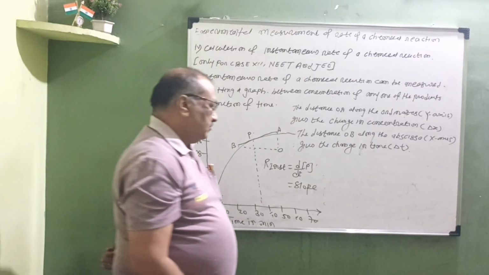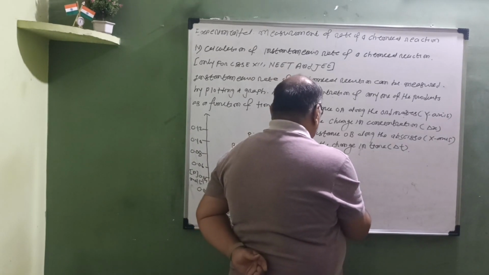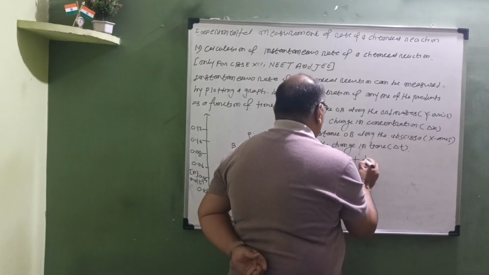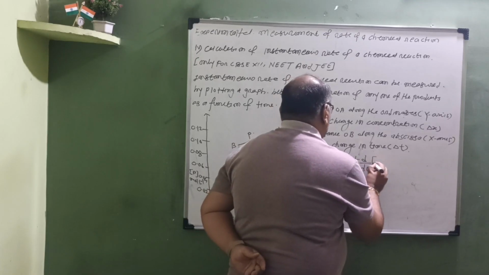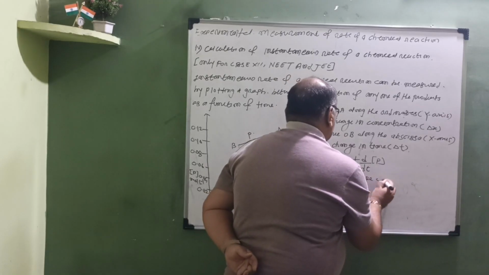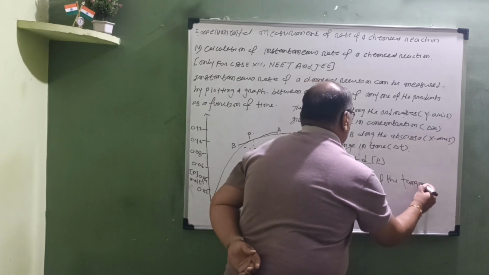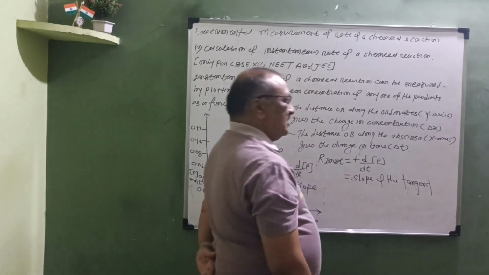That means here R instantaneous is equal to d/dt of concentration of P, that is slope of the tangent.